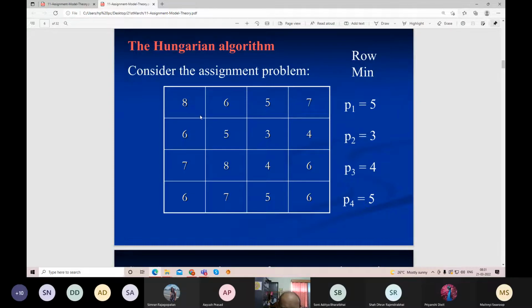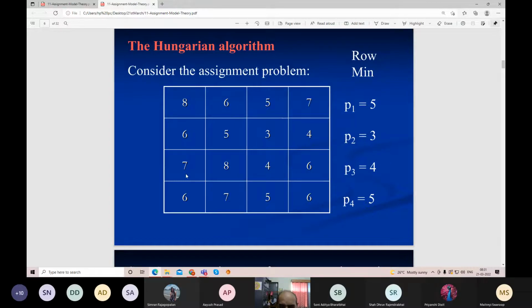As a result, 8 will be 3, 6 will be 1, 5 will be 0, 7 will be 2. Similarly, we subtract 3 from all the second row elements. So 6 will be 3, 5 will be 2, 3 will be 0, and 4 will be 1. And similarly, we subtract 4 from all the third row elements.